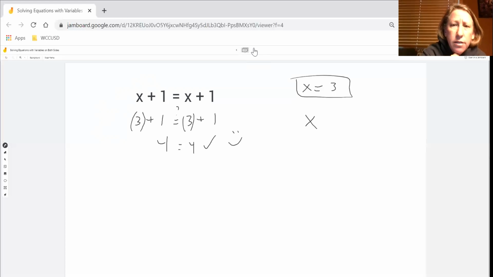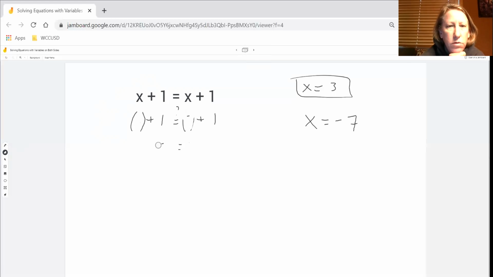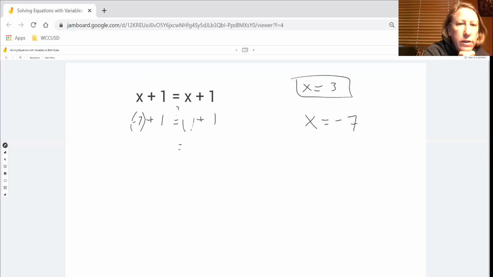How about x is, let's try a negative. How about -7? If I put a -7 in here, is that going to be true? Can you have more than one answer for the same problem? -7 and 1 is -6. -7 and 1 is -6.